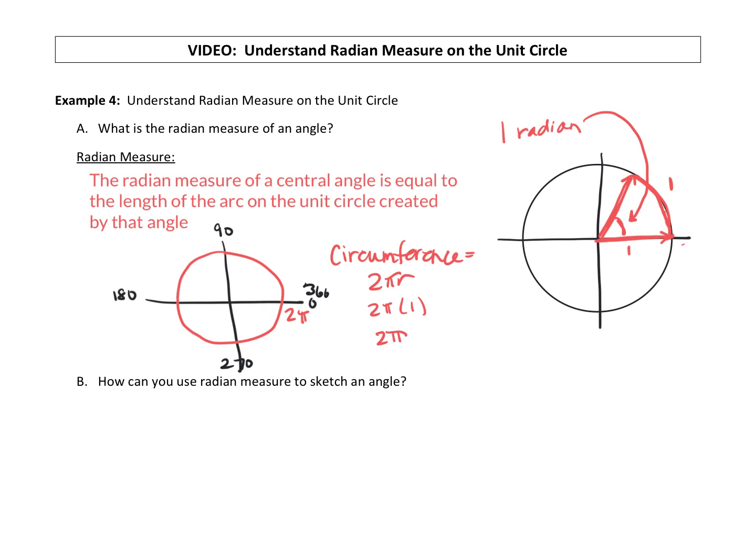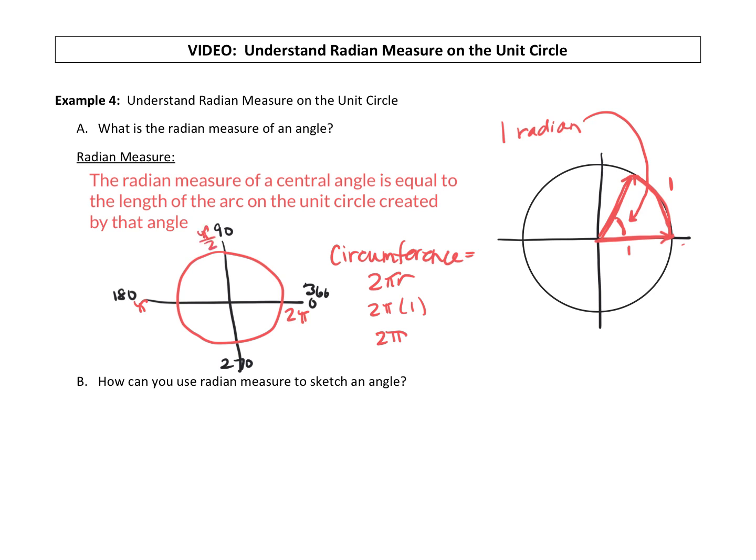This is a really sloppy circle. I apologize for that. If we know that 1 full rotation is 2 pi radians, if we go half of that, that is pi. So an angle that is 180 degrees in degree measure has a measure of pi in radians. While 90 degrees, if we take our pi measurement and cut it in half, we get pi over 2.